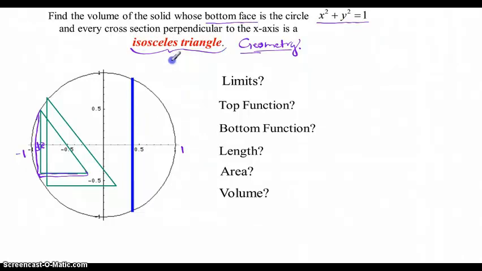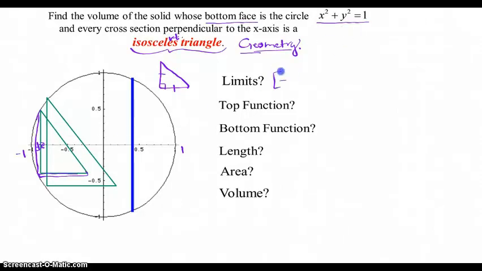Well, an isosceles triangle means that the two sides of the triangle have the same measure. So in an isosceles triangle, if we are perpendicular to the x-axis, it has to be an isosceles right triangle, just by the context that we're in. So this basically looks the same.